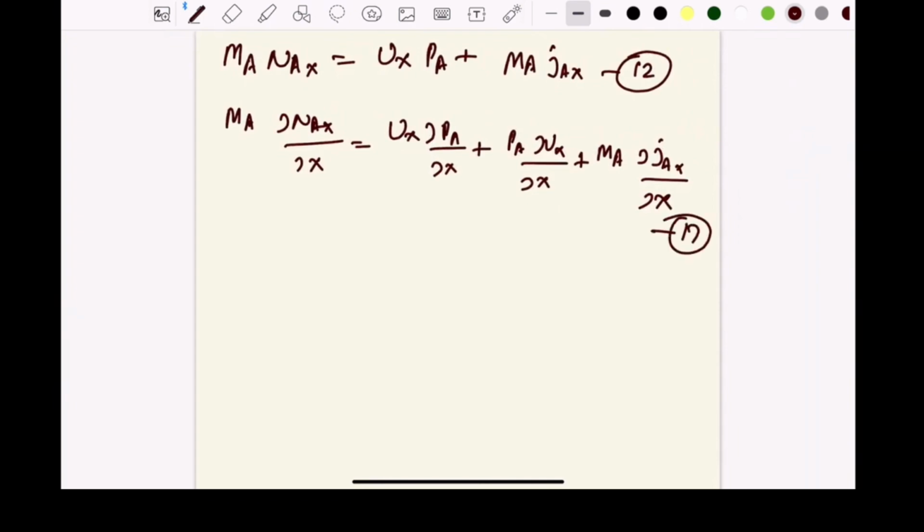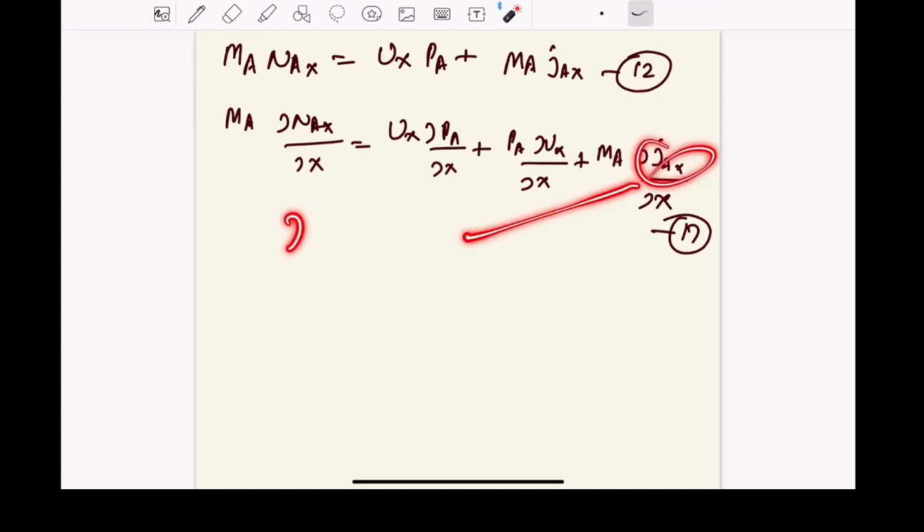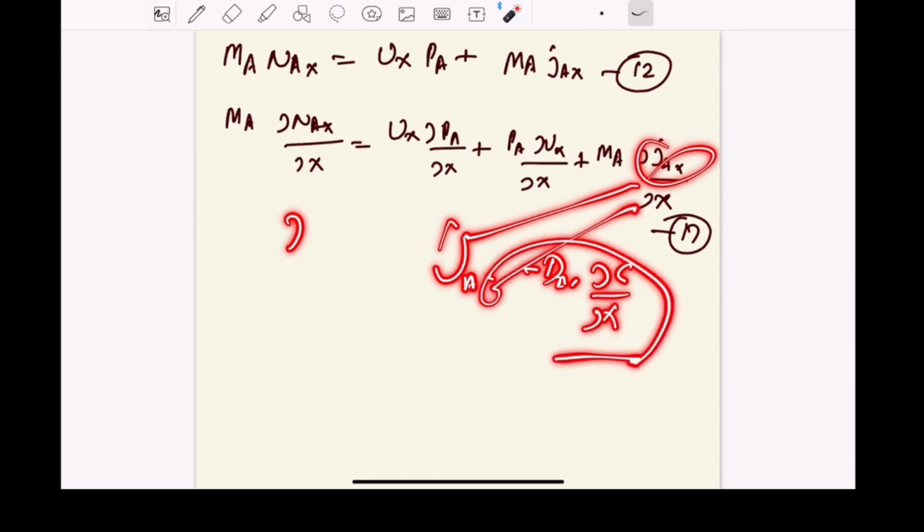Now we can write jA in terms of concentration: jA is minus DAB ∂C/∂x. So substituting this in this, there is already one derivative, so it will become a double derivative.